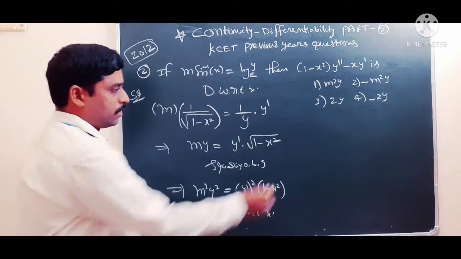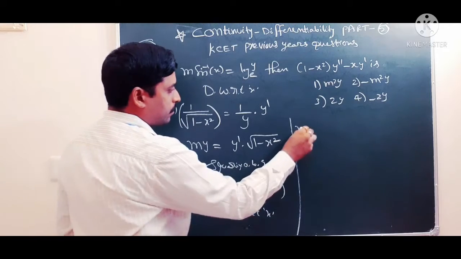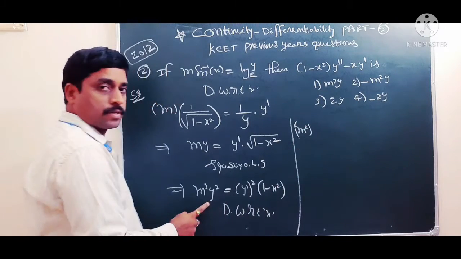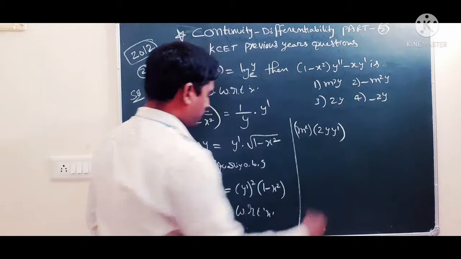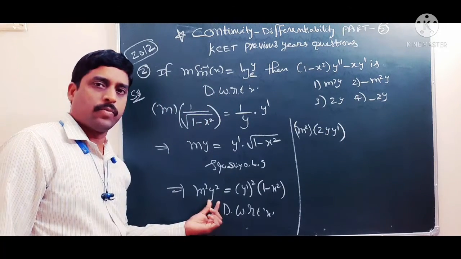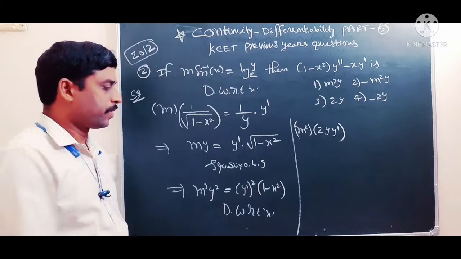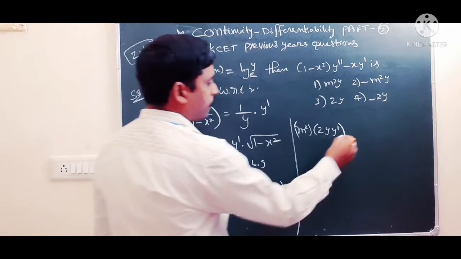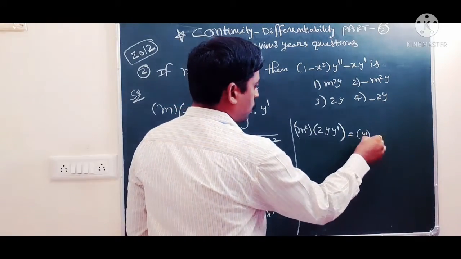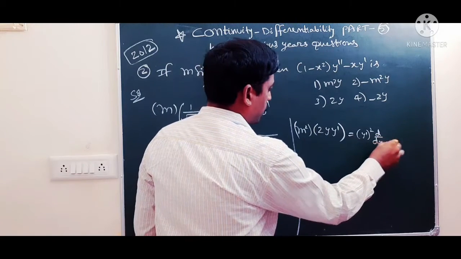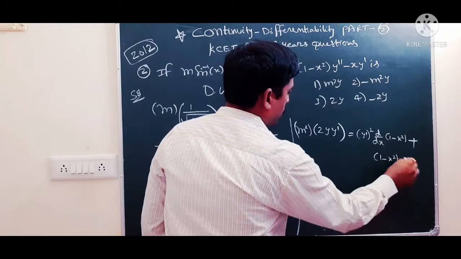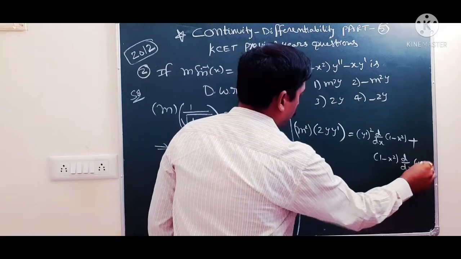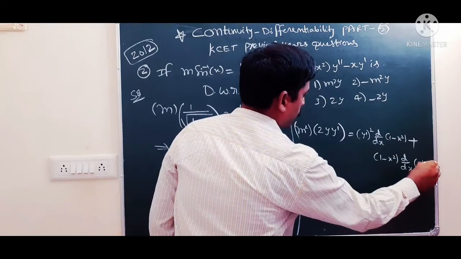On the left side m square is constant, so differentiation of y square, we get 2y y dash. Differentiation of y square is 2y, but y differentiation is y dash. By using UV formula on the right side, y dash whole square into d by dx of 1 minus x square plus 1 minus x square into d by dx of y dash whole square.